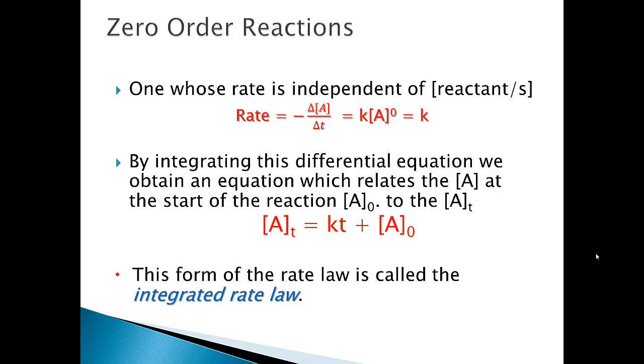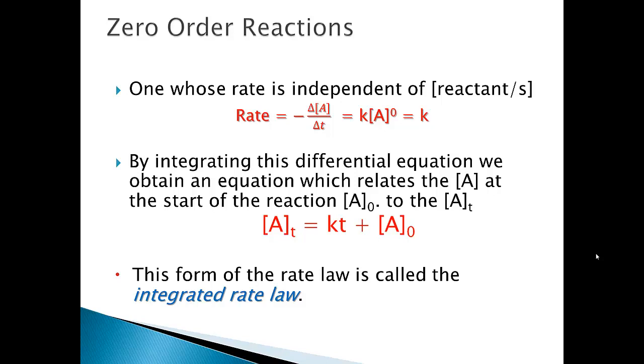If we were to integrate this differential equation, we would obtain an equation which relates the concentration of A, or concentration of reactant, at the start of the reaction to the time period that we're measuring. So the concentration of our reactant at any time equals negative the rate constant multiplied by that time plus the initial concentration.